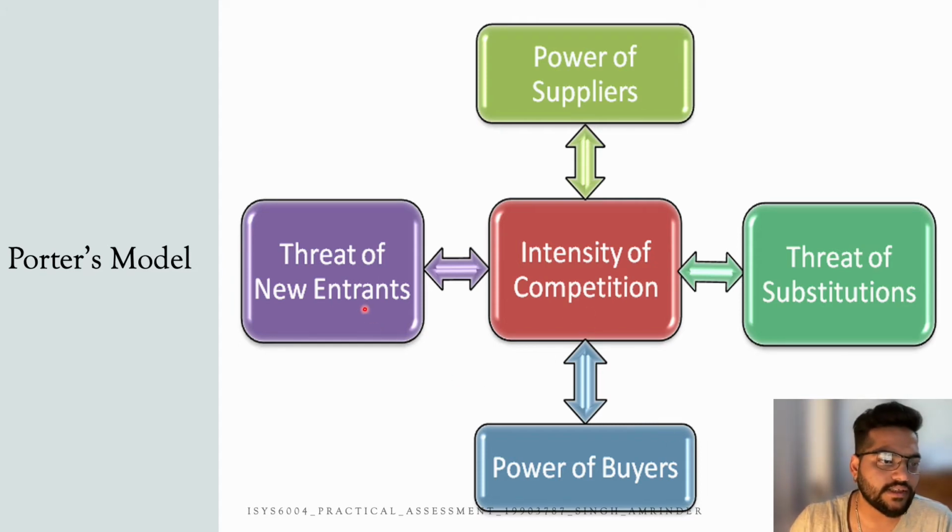And at last, the one is threat of new entrants. There should be a threat while entering a new competition. If any company wants to start selling in any industry, they need to find out which types of products are available in the market, at what price they are available, and which supplier they are taking from.